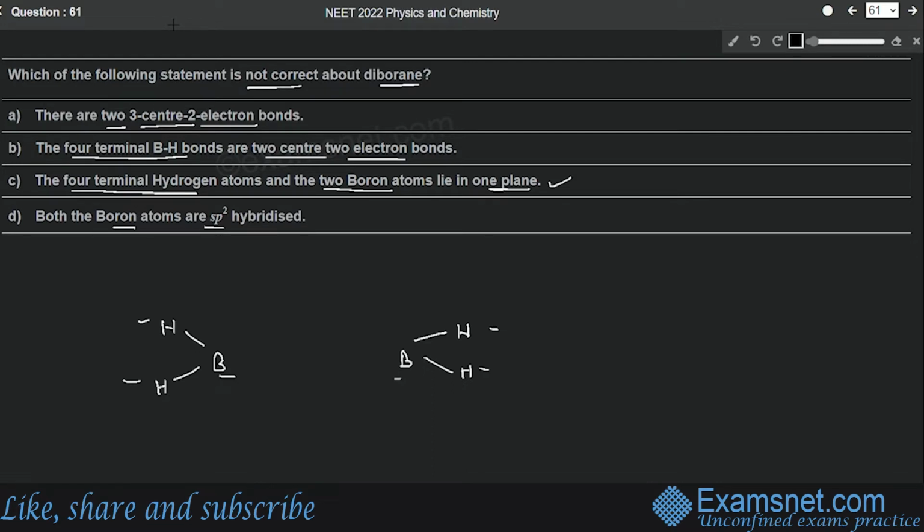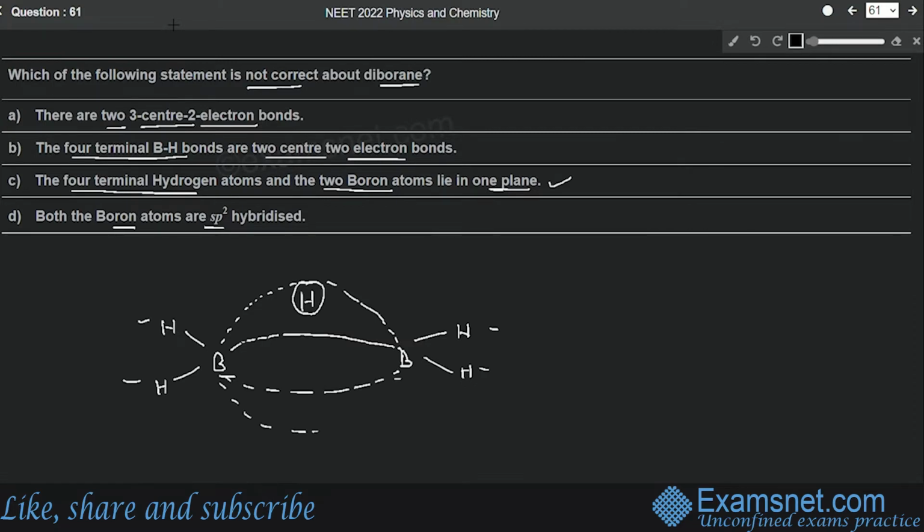Now, in addition to these terminal hydrogens, boron atoms are also attached to a common hydrogen. Boron is attached to hydrogen, and similarly on this side as well.